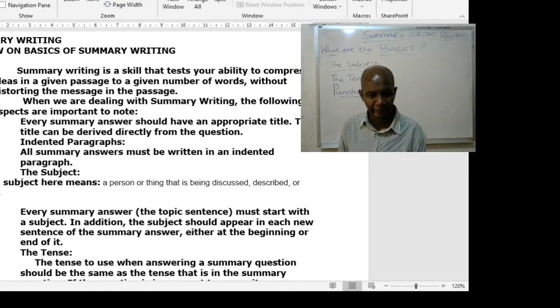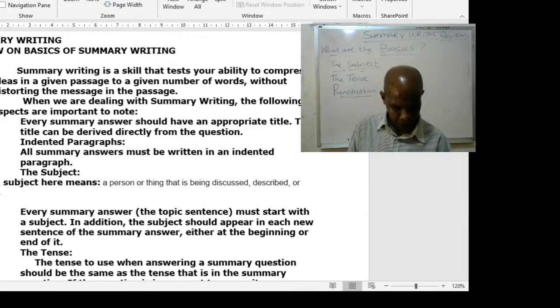Then, a very important aspect about punctuation is the use of the comma.